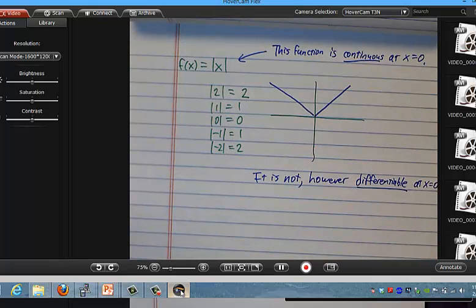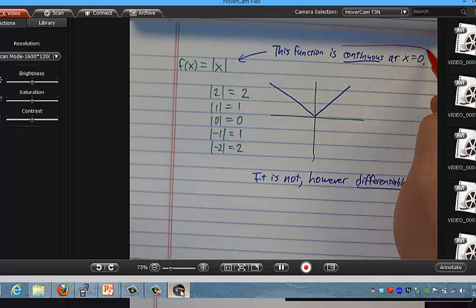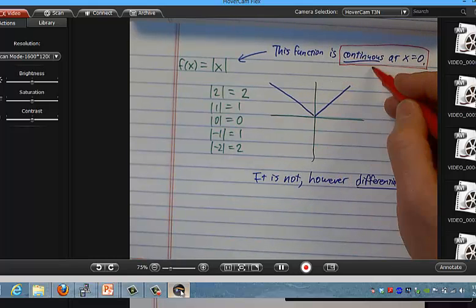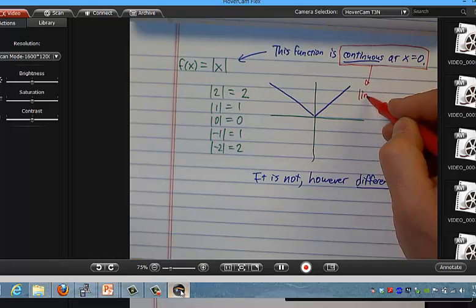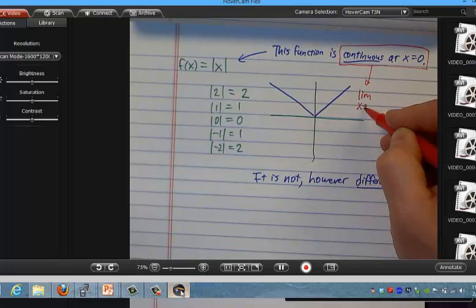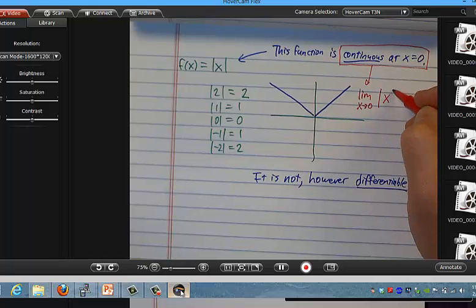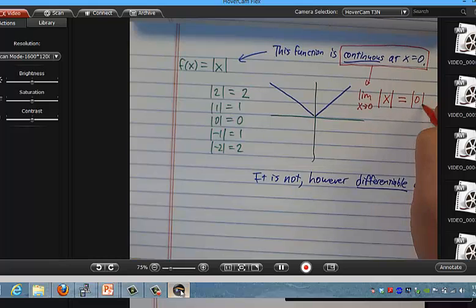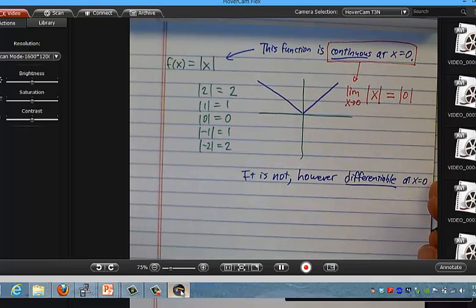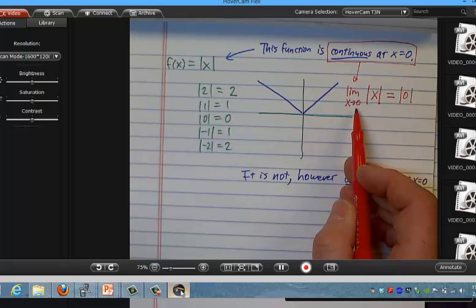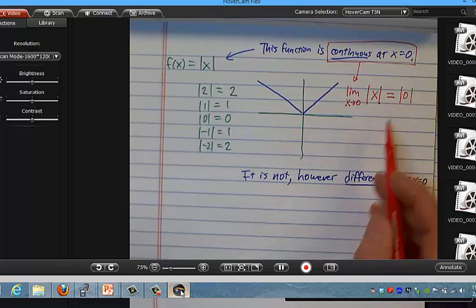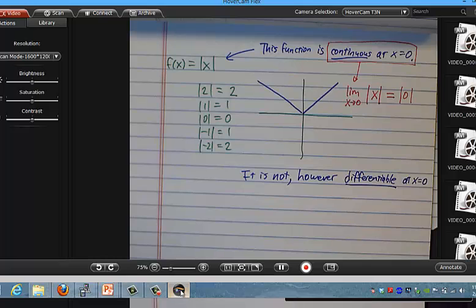And by the way, I gave you a definition of continuous. I'm going to remind you of it. When I say it's continuous at x equals 0, what that means is the limit as x approaches 0 of the absolute value of x equals the absolute value of 0. Right? The limit as x approaches c of f of x equals f of c. That was the definition. By the way, what's the absolute value of 0?